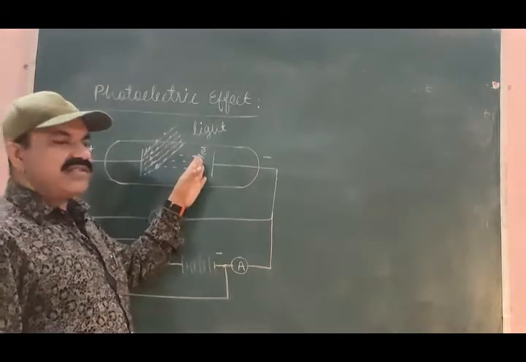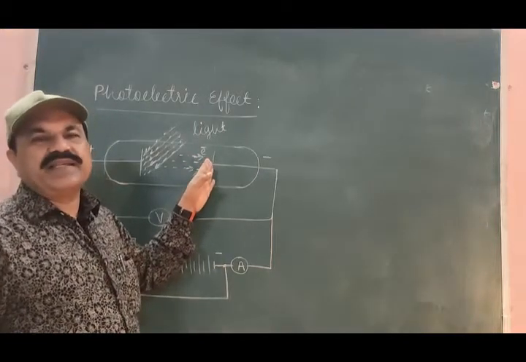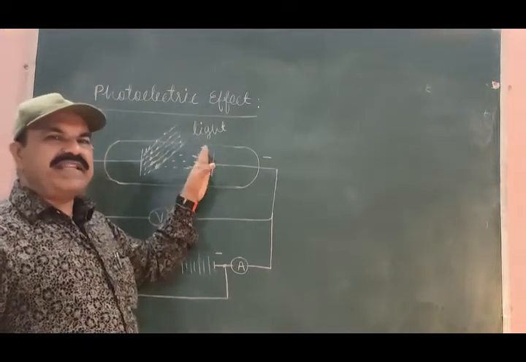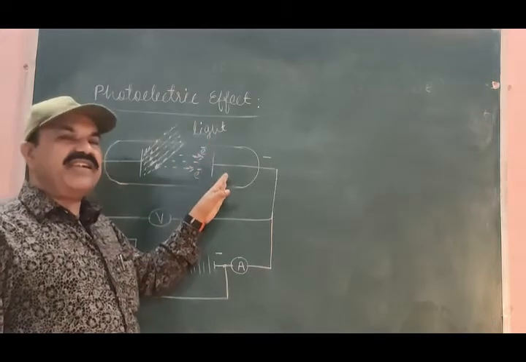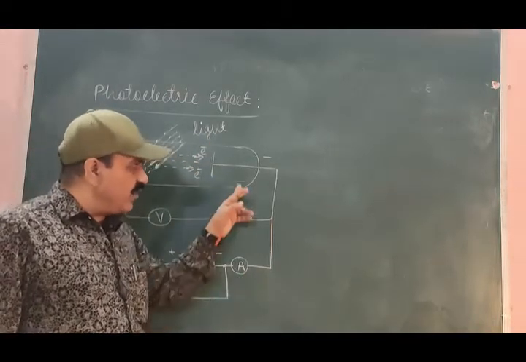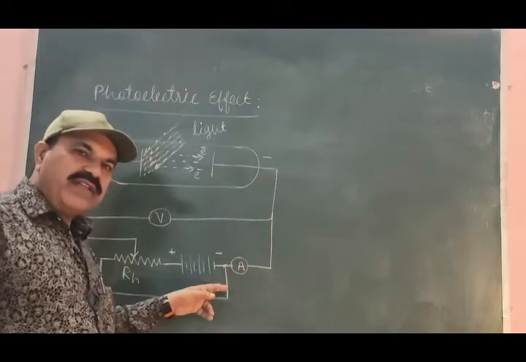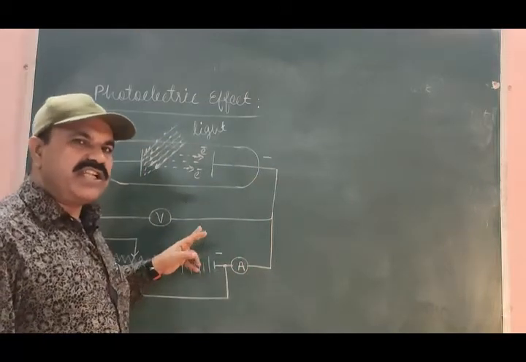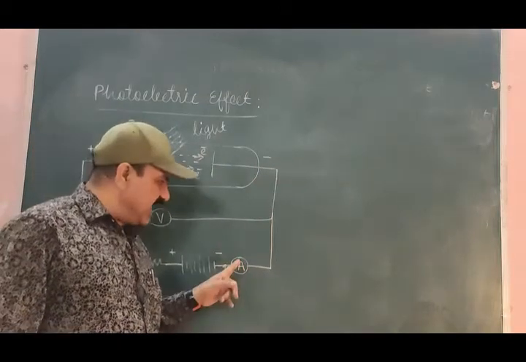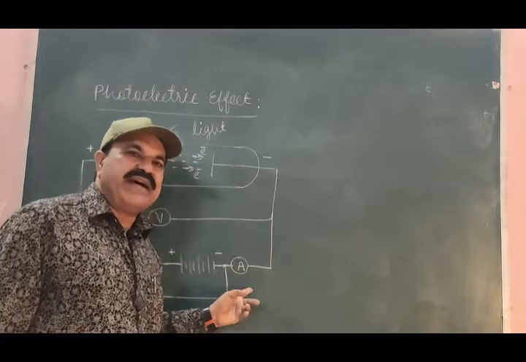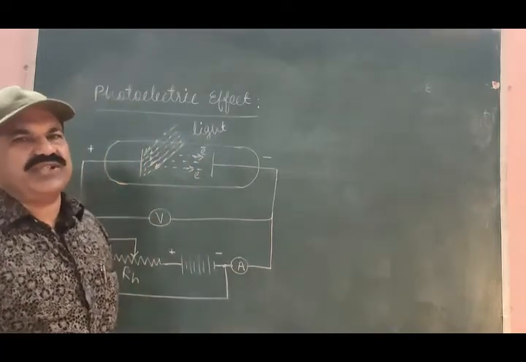Some of the electrons will be stopped from reaching this plate by the retarding potential, and therefore the number of electrons flowing through the external circuit will decrease. That will decrease the current shown by this ammeter.